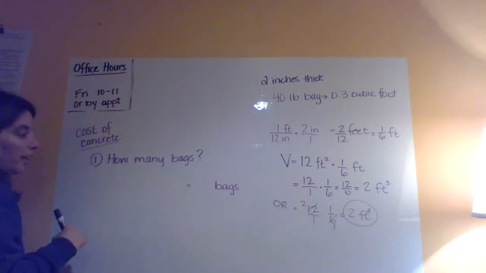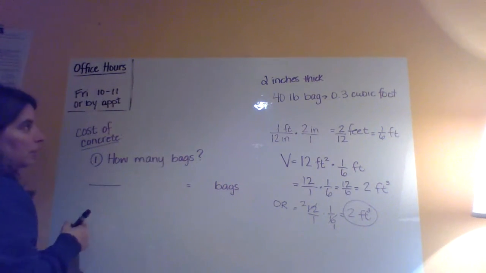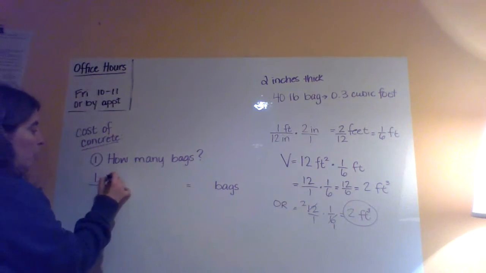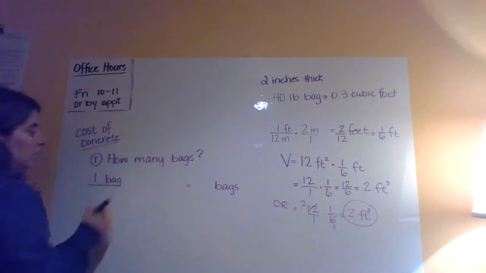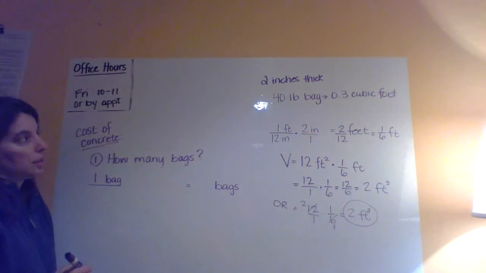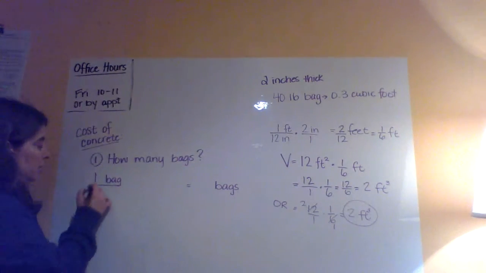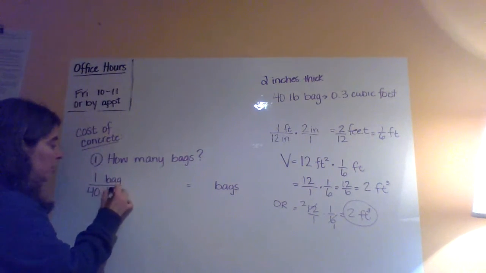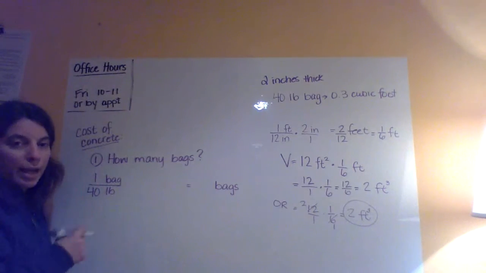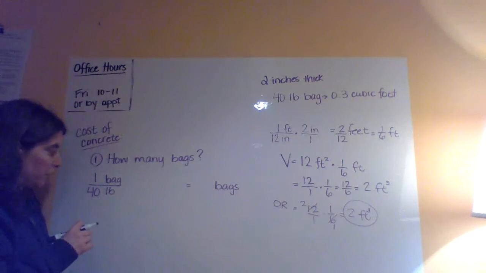So I can use dimensional analysis again. Okay, and I can say, well, 1 bag is 40 pounds, right? We know that 1 bag is going to be 40 pounds.